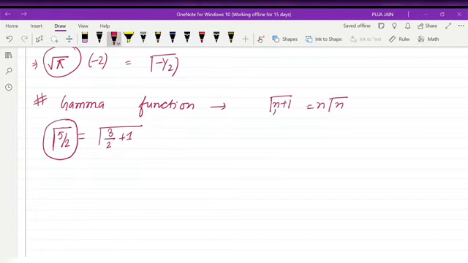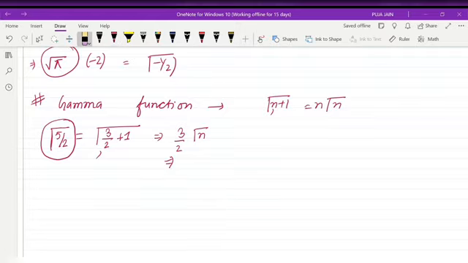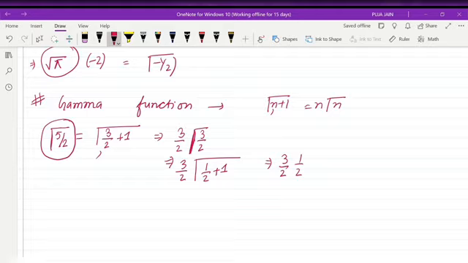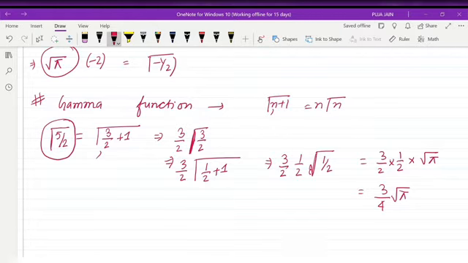Now n is 3 by 2, so 3 by 2 gamma of 3 by 2. Again 3 by 2 can be broken as half plus 1, so this is 3 by 2 times half times gamma of half. Gamma of half is root pi. So our result is 3 by 4 root pi. Are you understanding how to solve?